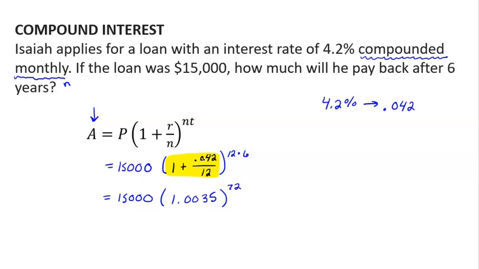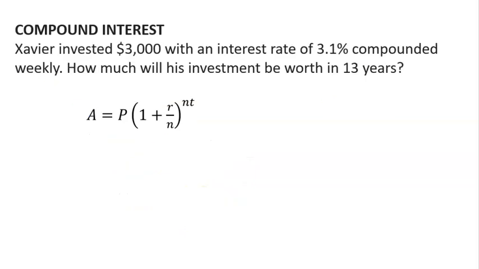And then that's happening 72 times. And when I put that whole expression into my calculator, I get $19,290.45. All right, let's try another one.